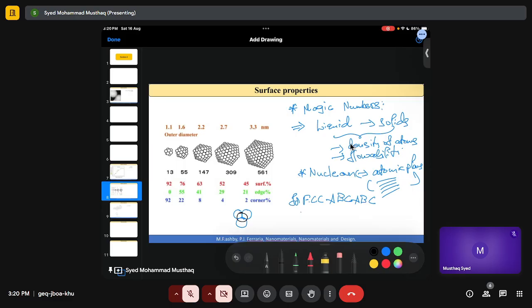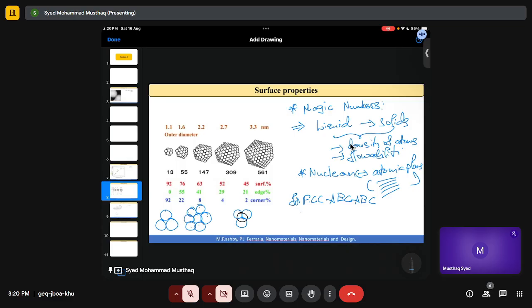So 3, and then you will have 6, and then again you will have 3.